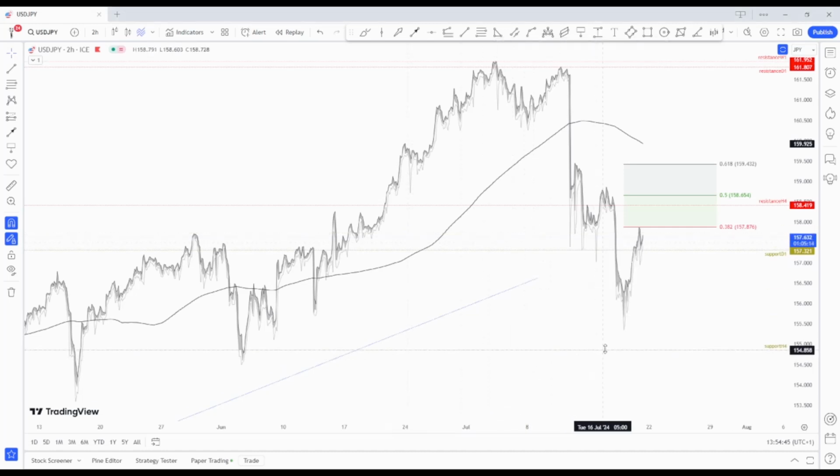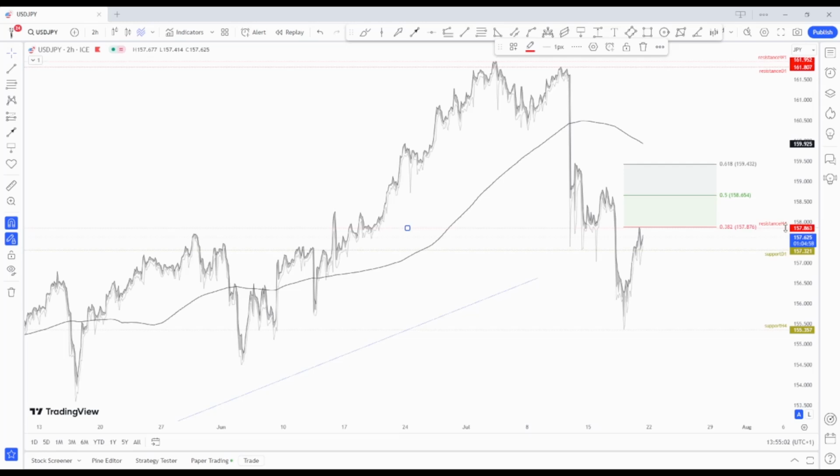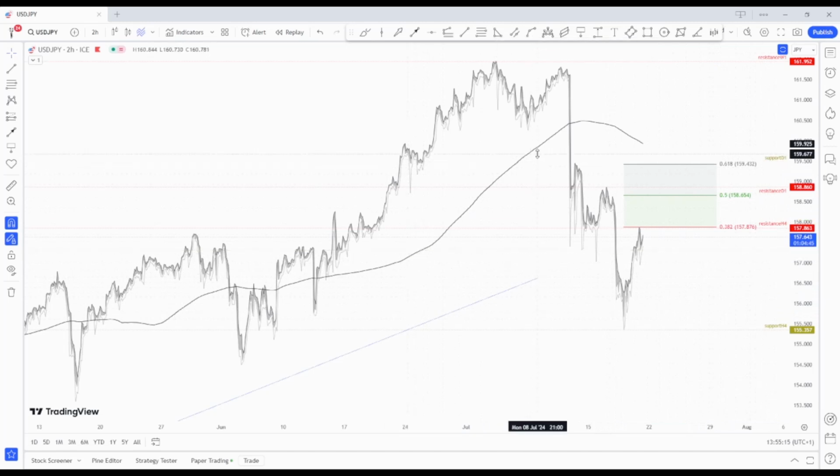Let me also update some of these levels. We have already a new fractal support, the 4 hour fractal at 155.35. Let's also update the recent resistance. We have a new fractal resistance at 157.86, right at the 38% Fibonacci retracement level. The daily fractal was already moved to the previous fractal resistance, and we have also moved the fractal support to this previous structure low.